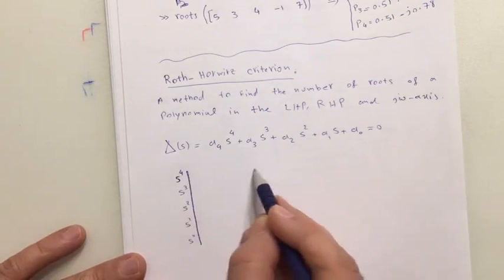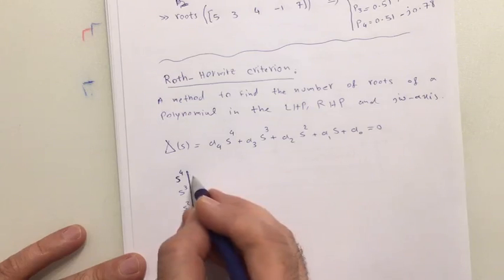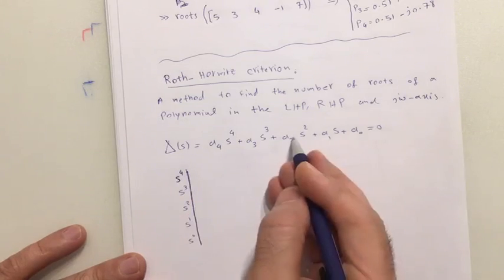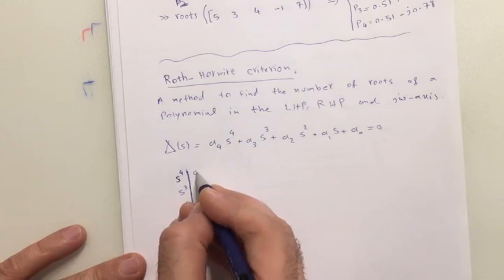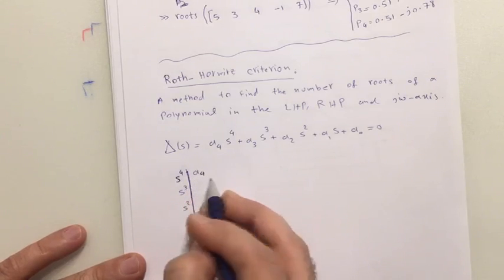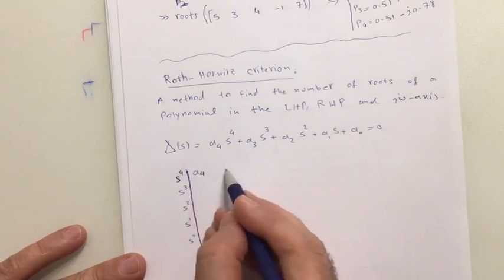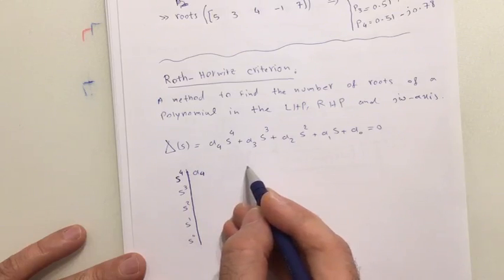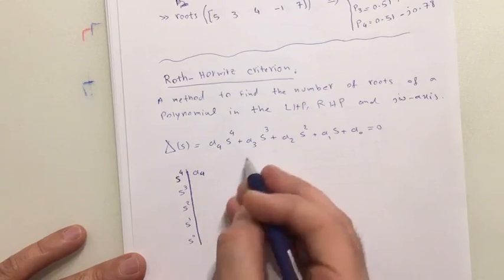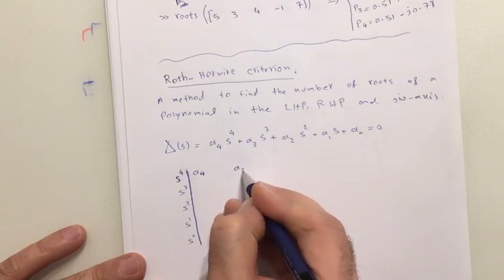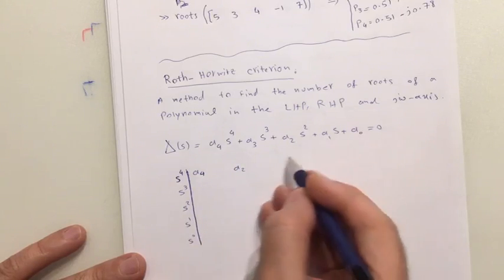In front of s4, you write the coefficients of the polynomial starting with a4. But we don't write a3 here because we should write every other coefficient. So when we have a4, the next one would be a2, and again we skip a1 and have a0.